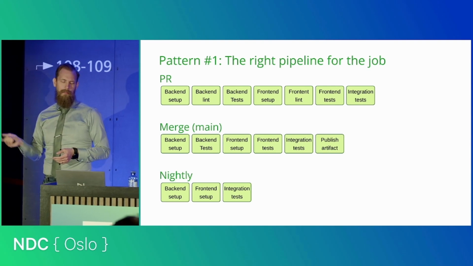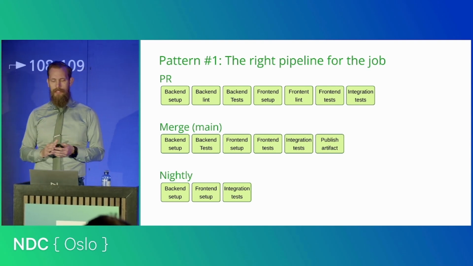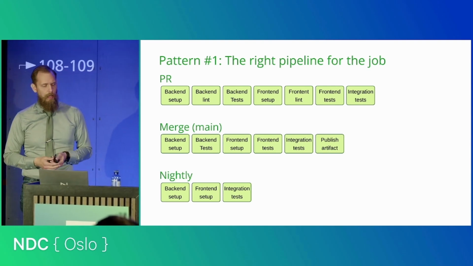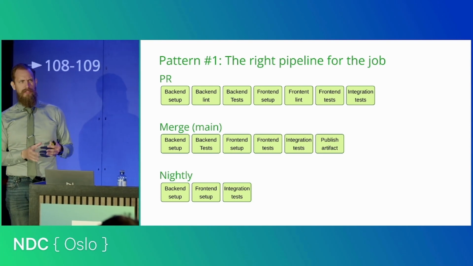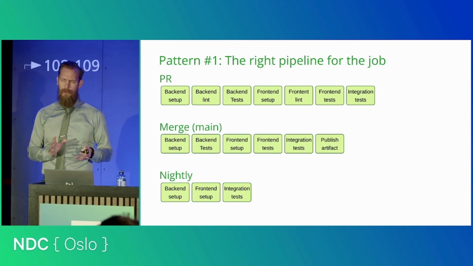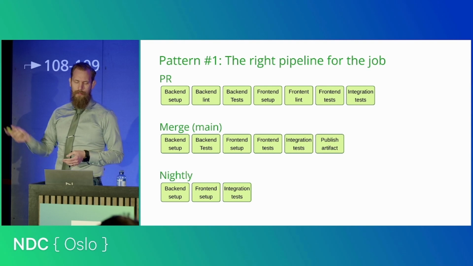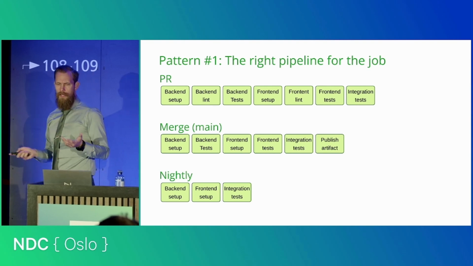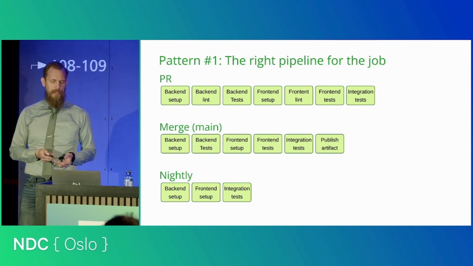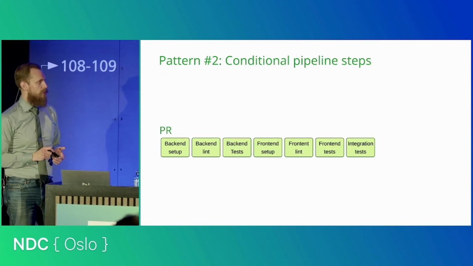Here we have one PR pipeline that does everything except publish an artifact. We have merge to main, which runs all the tests. It doesn't really lint, because that shouldn't change, even in a bad merge. And then we have the nightly job. It just runs the integration test, and then it's done. Now, there are a few ways of achieving this, and that brings us up to pattern number 2, which is conditional pipeline steps.